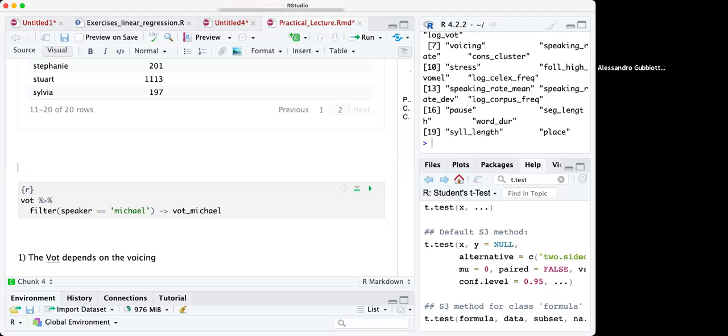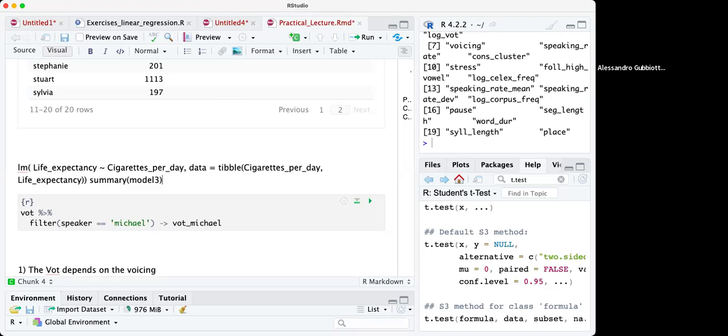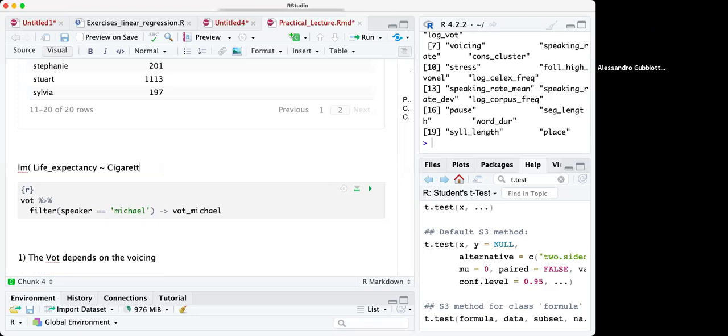But apart from that, let's try to explore the data and do some more tests.